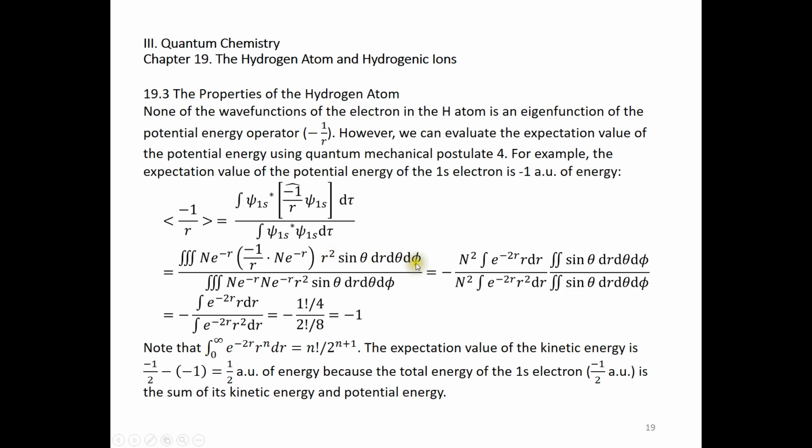Again, this is the volume element of a three-dimensional space in polar spherical coordinates. I see this n on top twice and on the bottom twice. So the normalization factor will eventually cancel, n squared and n squared will cancel.